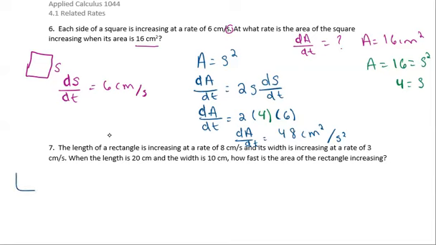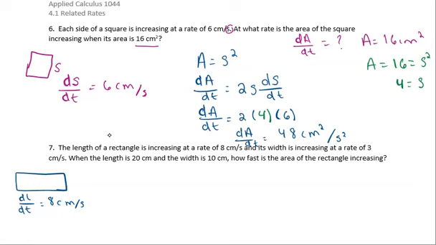So let's just draw a picture and then we'll read it again and get our labels and see what all we can figure out. So there is a rectangle. The length of a rectangle is increasing at a rate. Length, rate, that's dL dt, of 8 centimeters per second.